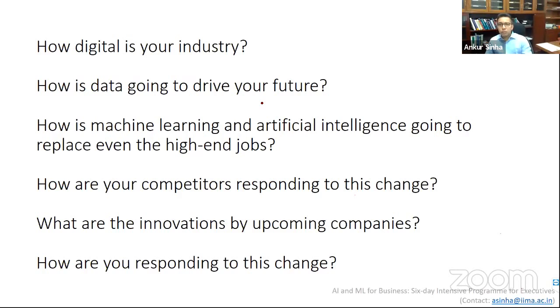Should you go and learn from there? And therefore, it's very important for most of the organizations to have some sort of an intrapreneurship unit within their companies, because you never know when a new piece of technology is going to come up and you are completely redundant. So the question that I finally pose to you is, how are you responding to this change?